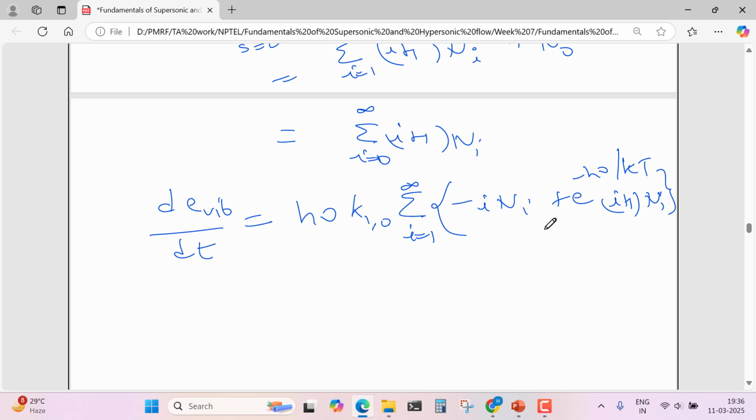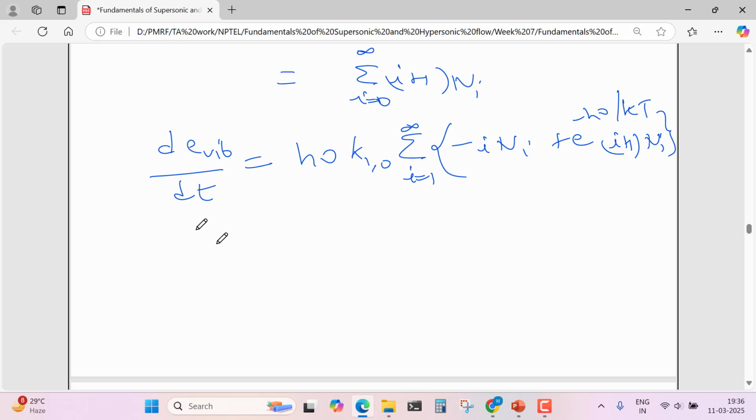We can separate this term and we will get h nu k1,0.